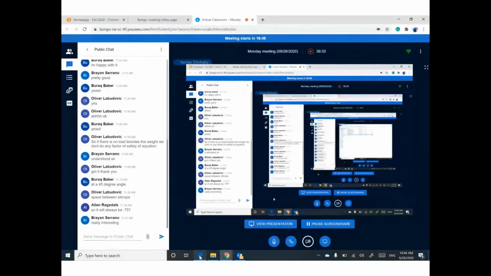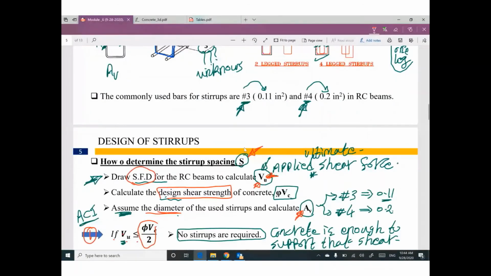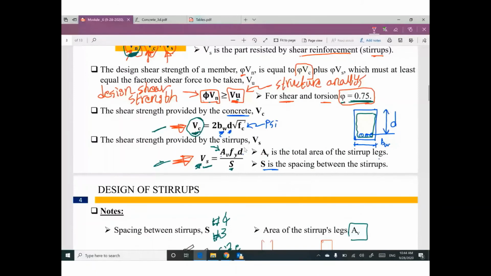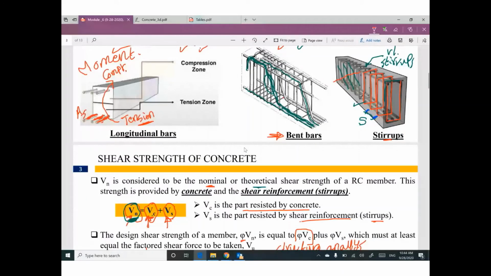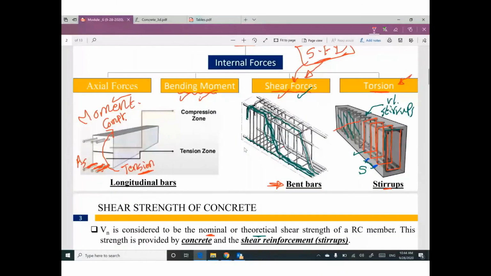Okay. So I just want to remind you, it's very important to understand this long story. Inside any reinforced concrete beam, we have different types of reinforcement. The first one, longitudinal, related to bending moment. We are done with this part. Right now, we are talking about something called stirrups, vertical stirrups.